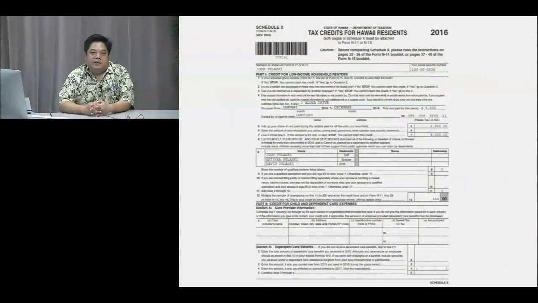So if you received it in January for, say, the week of December that you worked, it's 2017 income because the check was issued to you in 2017, and therefore you will not get a 2016 W-2. So based on what you mentioned, it appears to be 2017 income. That 60-something dollars is not income for your 2016 tax return. So in brief, you don't need to worry about that one.